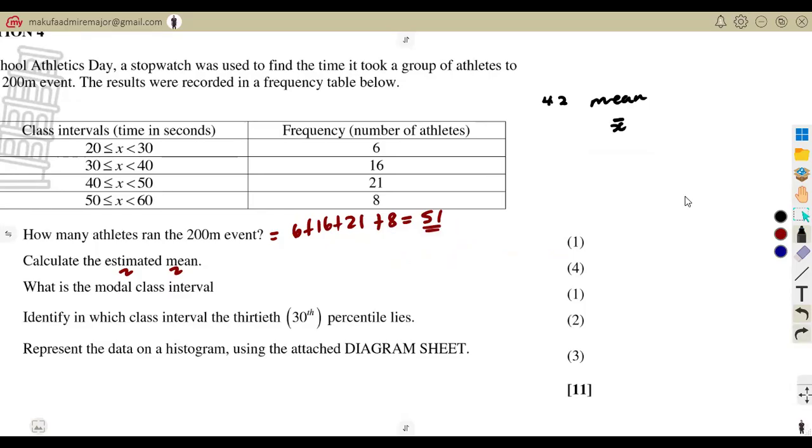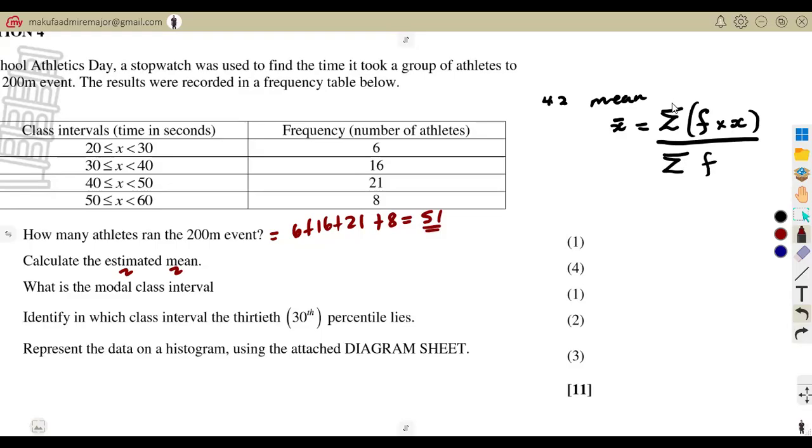Which simply is equal to the summation, the sum of frequency times the class centers or the class midpoints. So this is the sum of the product of frequency and class centers over what? The sum of the frequency, which is the total frequency.